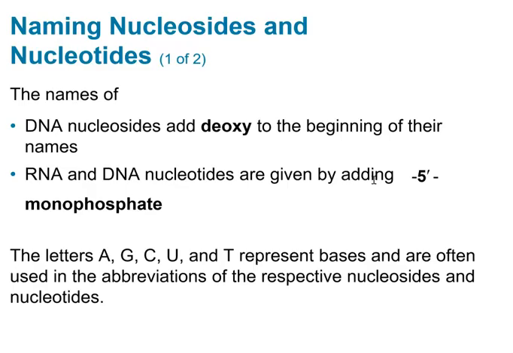So the full name, as we discussed, considers whether there's a hydroxyl group in the 2' position, and you need to specify that there's monophosphate on the 5' carbon of the sugar.